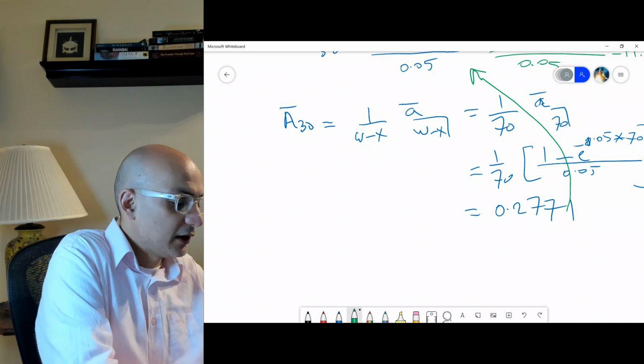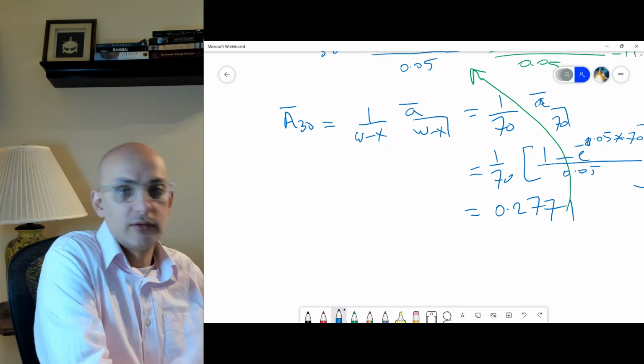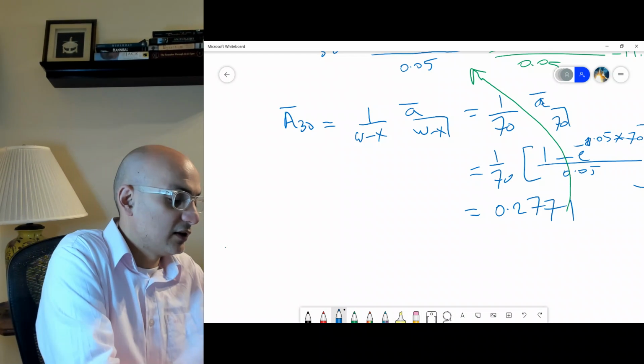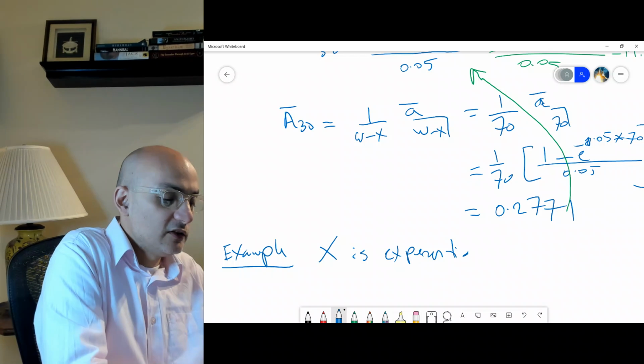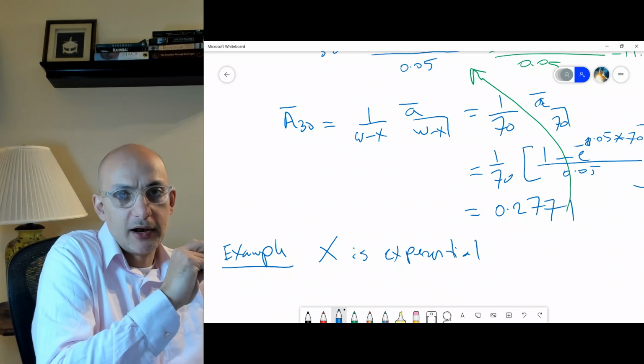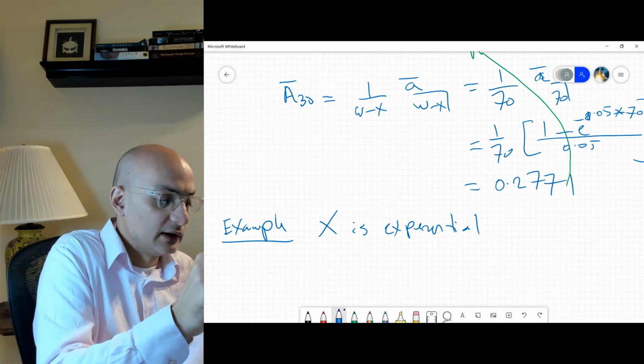Now let's take the other important distribution that we have questions about. It is the exponential. Let's take a second example. Now x is exponential. And what is x? Remember, it's the remaining lifetime random variable at birth.